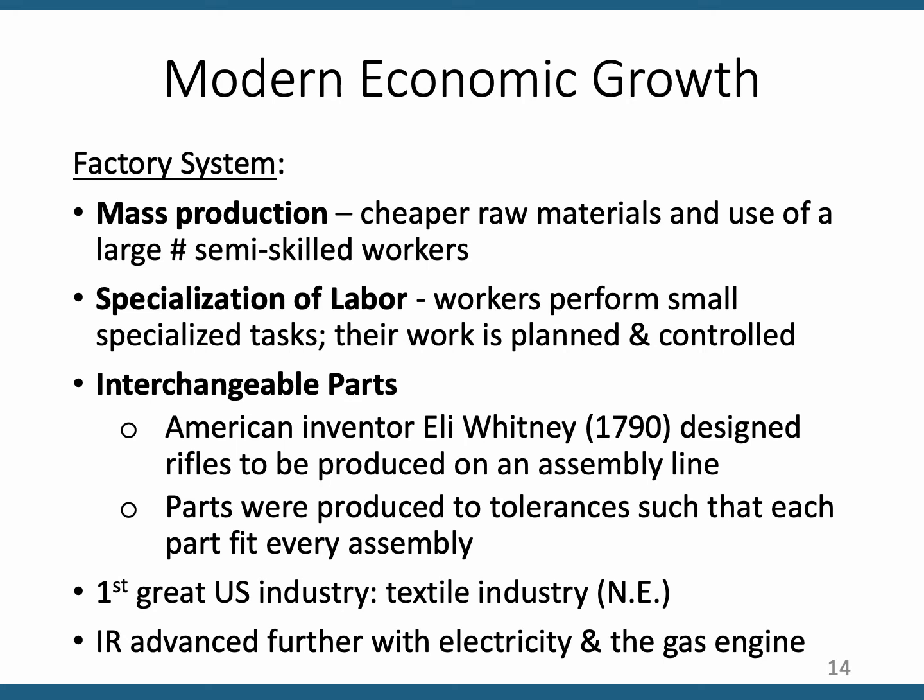What type of economy should there be? And that's where he came up with this invisible hand theory, which the market system is based on. So he was there at this time. Now, the first great U.S. industry was the textile industry in the northeast of the country, and we'll talk more about that in a second.